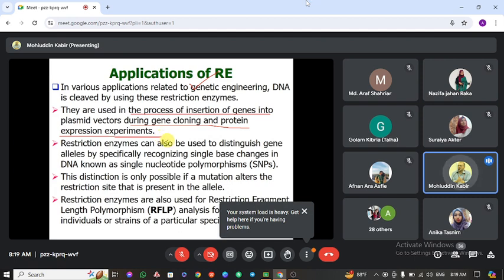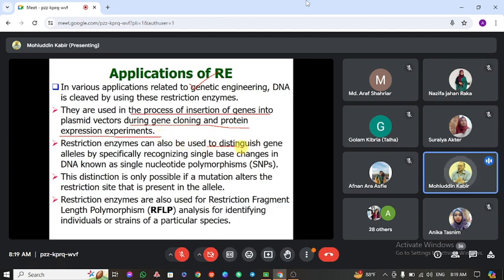They can also be used to distinguish gene alleles by specifically recognizing single base changes in DNA. That single base change is called SNP, single nucleotide polymorphism.